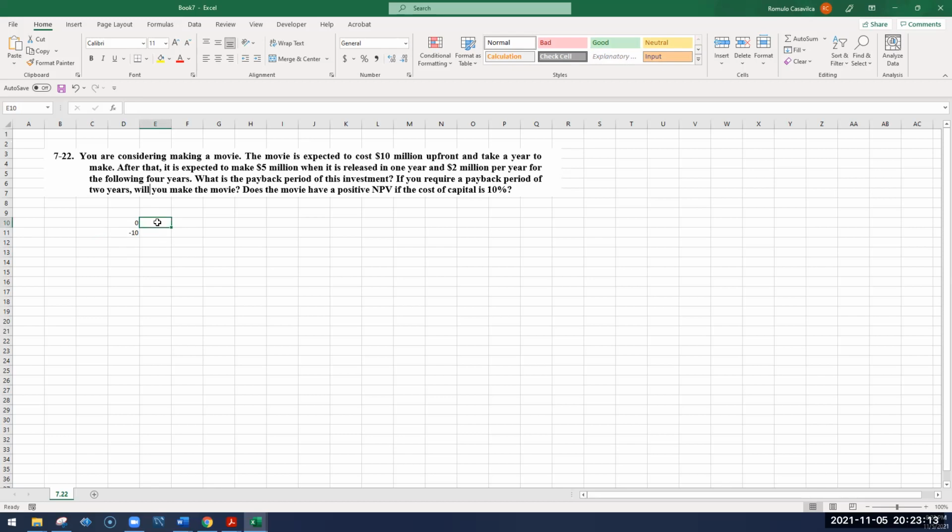So here is the tricky part. This is the trickiest problem because it doesn't tell you directly. If you read it literally, you will understand, right? It's a 5-year project. So year 0 is minus 10 million upfront, and it will take 1 year to make the movie.